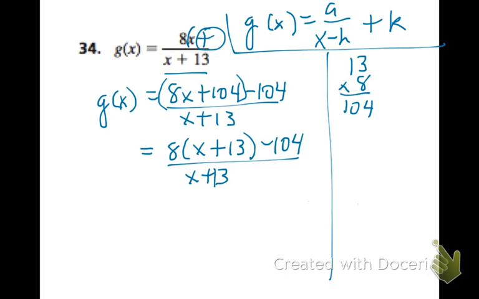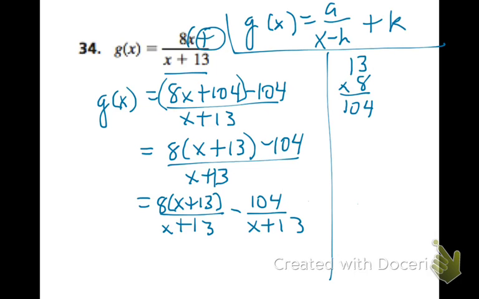So then I can divide that denominator between these two terms. So 8 times x plus 13 over x plus 13, minus 104 over x plus 13.